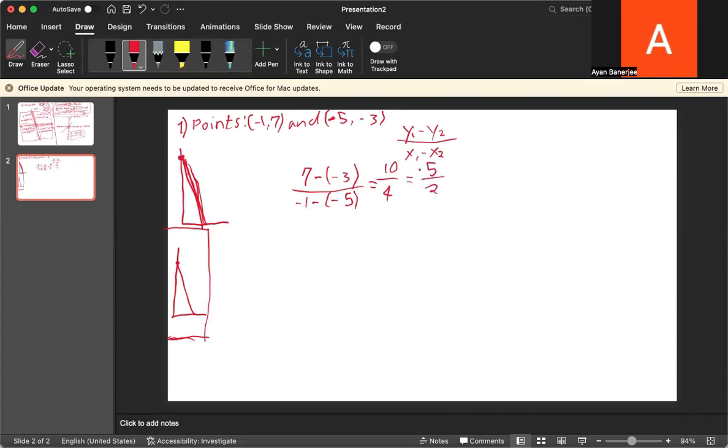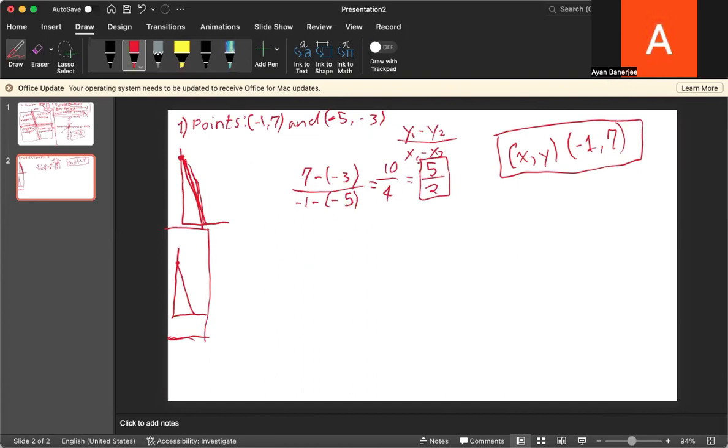But now we don't just need the slope, we need to find the equation. So let's see how we can do that. Just remember, I have the point written down over here. We have the point x, y and the point -1, 7.